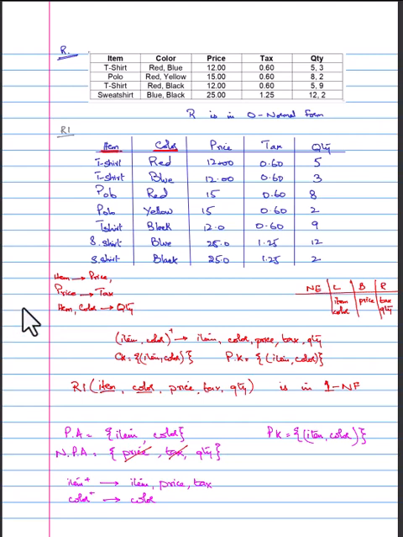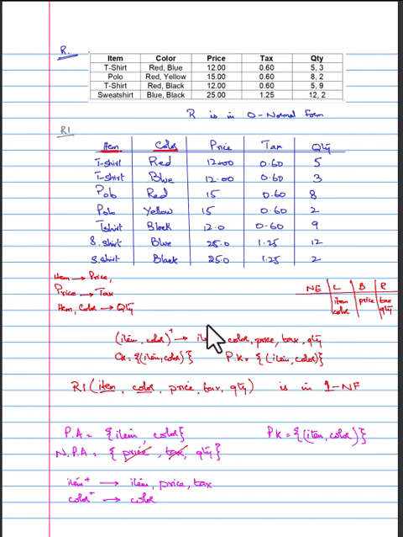So item is not enough to identify all attributes. It identifies item, price and indirectly then tax. But if we take the closure of item and color, this is the closure, a plus sign above the bracket. This means item identifies item, price, tax and color identifies the quantity. So item and color combined identify item, price, tax and quantity. This means item and color identify the whole set of attributes.